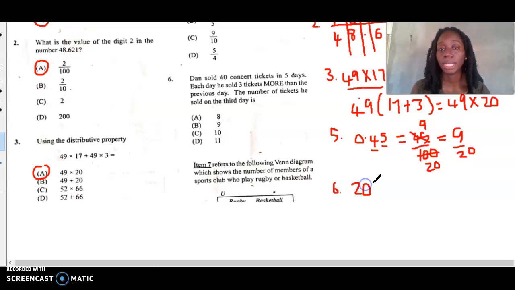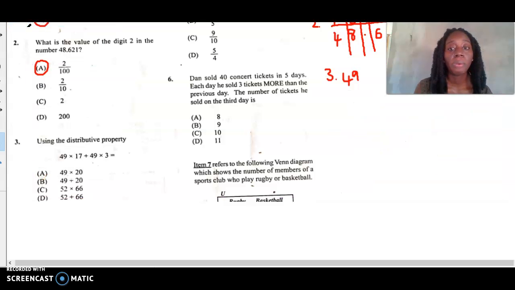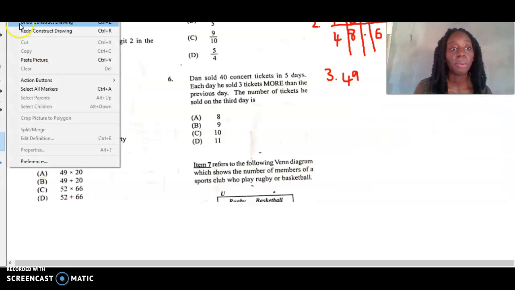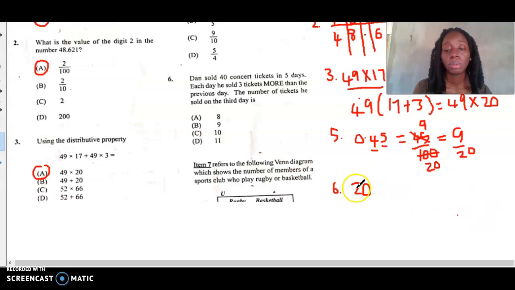Sorry, it's actually 40, not 20. So he sold 40 tickets, and it took him 5 days to sell these 40 tickets.